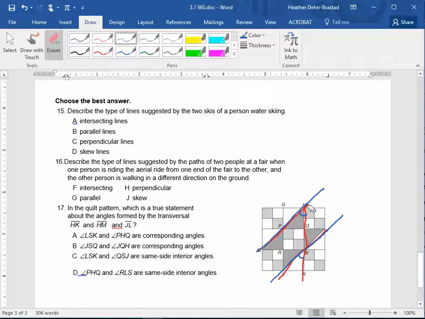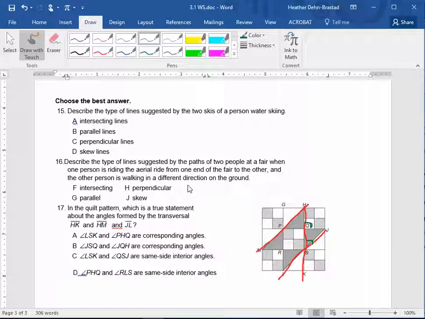Let's erase these angle marks, and I'm going to erase these blue lines too. Let's look at another situation. Let's look at B. JSQ, that's this angle, and JQH. Well, I guess that's this angle.